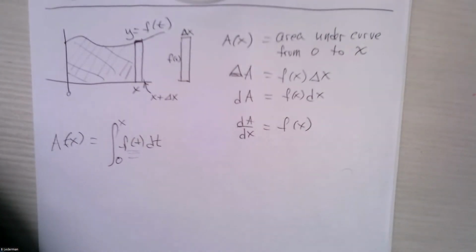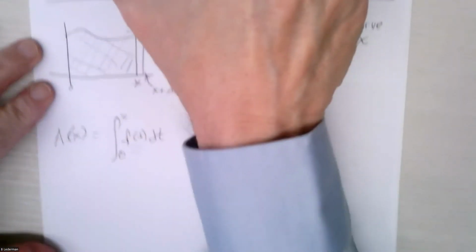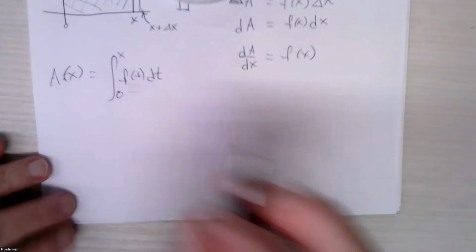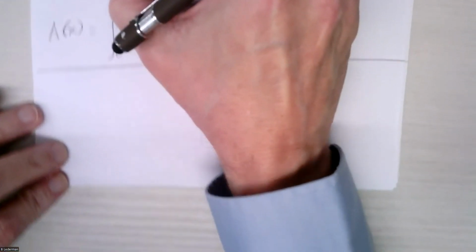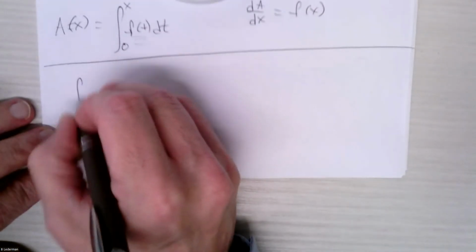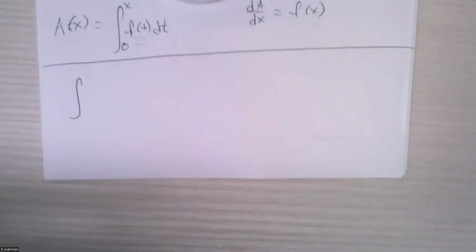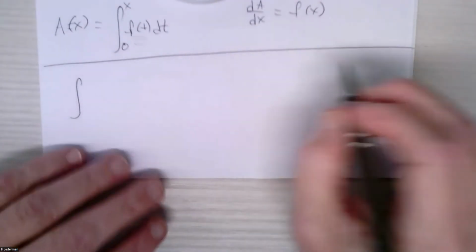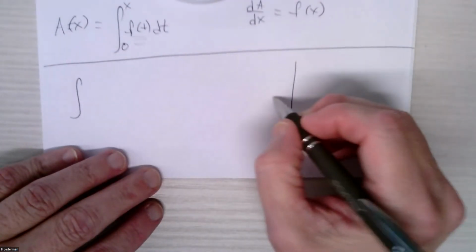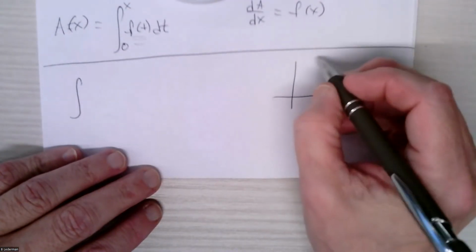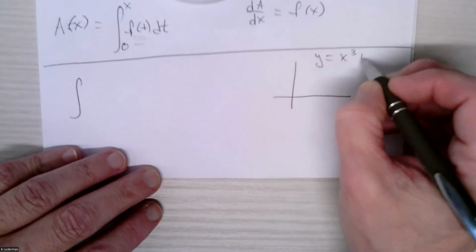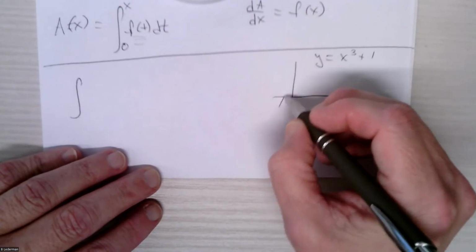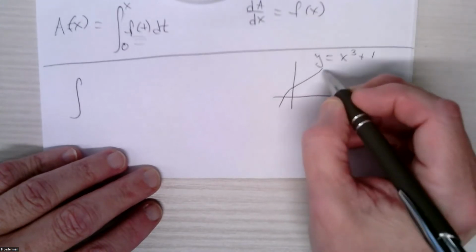Anyway, let me do another problem here. I want to find the integral, the area under the curve y equals x cubed plus 1, which looks something like that.